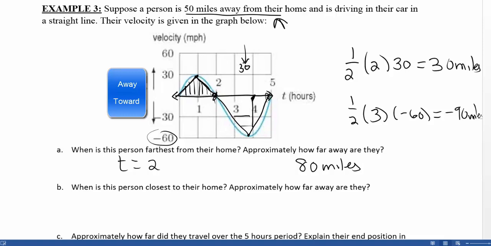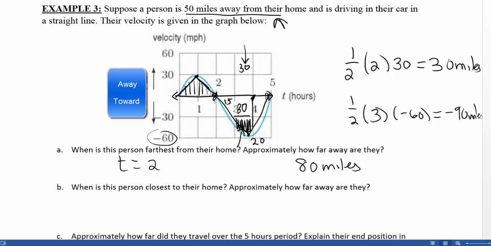So each block is 30. So this one looks like half a block, so about 15. That's another 30. Now this area here looks like it's about 2/3 of a block, so another 20 I would approximate. So now I'm up to 65, and then I need to get to 80.